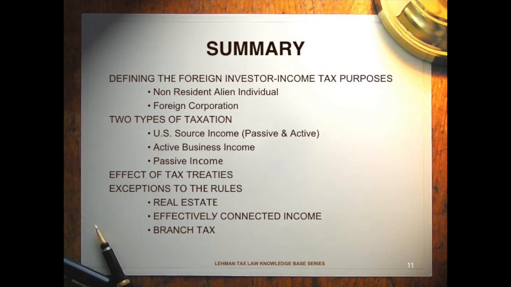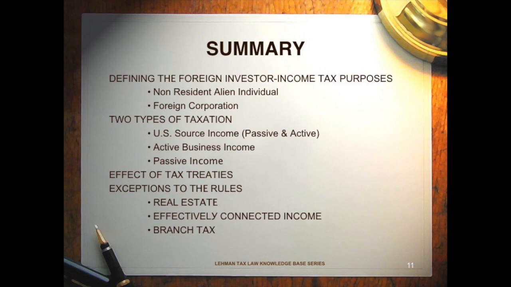So we have defined the foreign investor, the non-resident alien individual, the foreign corporation. We've defined the sources of income that they could be subject to, which is basically U.S. source income, passive income, interest and dividends, and U.S. source income that's active income.